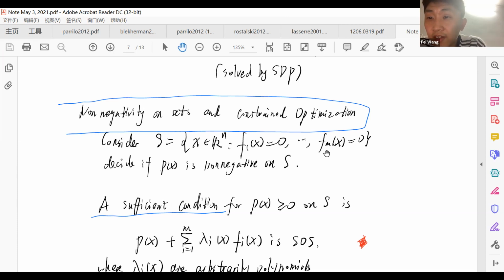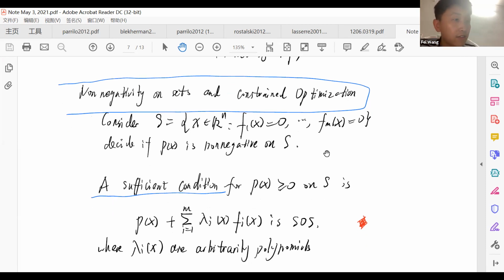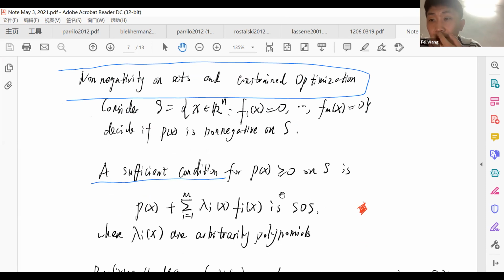Let's first consider this set is defined by these equalities. Then the problem is to decide if p(x) is non-negative on this set S. So a certificate condition for p(x) being non-negative on S is the following.